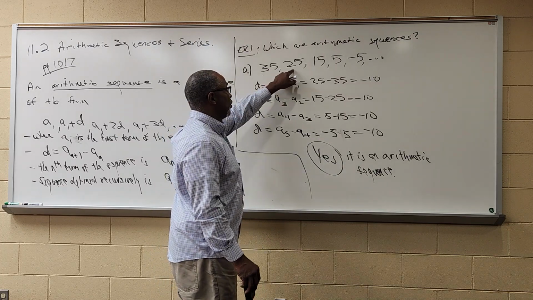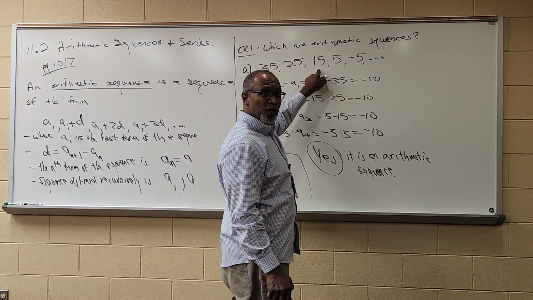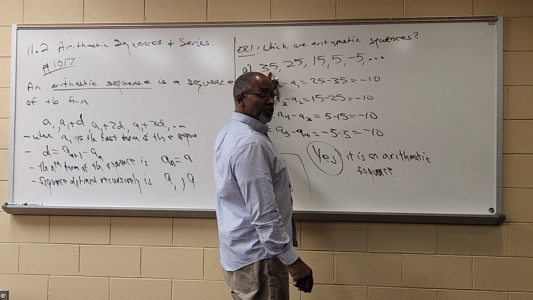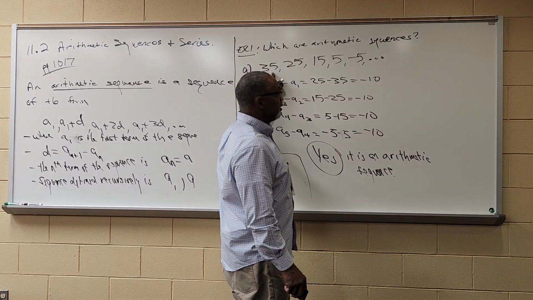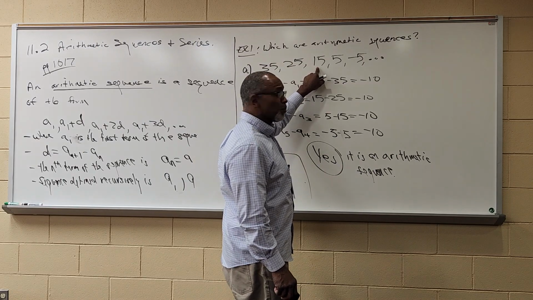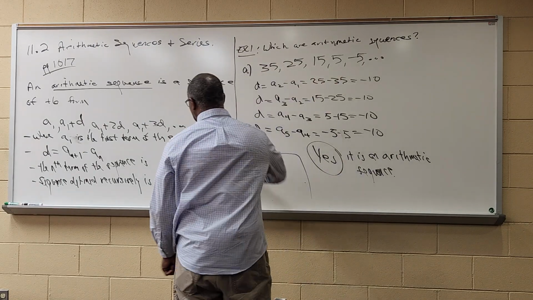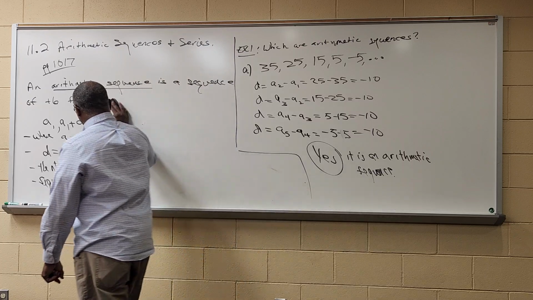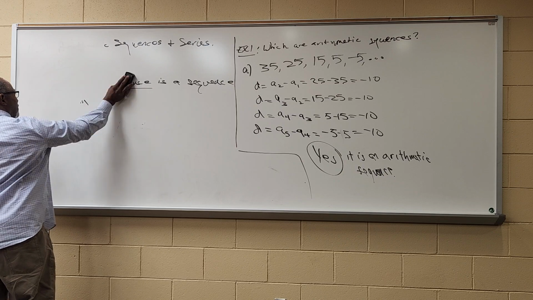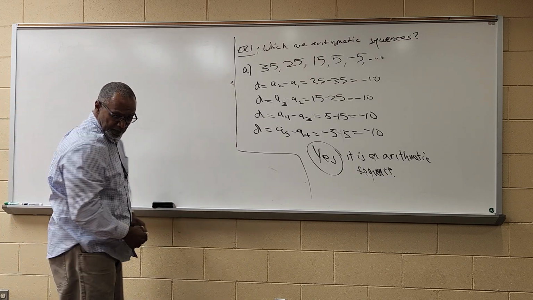Because all I have to do is add D to get from one term to the next, 35 plus negative 10 is 25, 25 plus negative 10 is 15, 15 plus negative 10 is 5, 5 plus negative 10 is negative 5. So that's an arithmetic sequence. Once you figure out D, all you have to do is add D to a term to get the next term in the sequence.